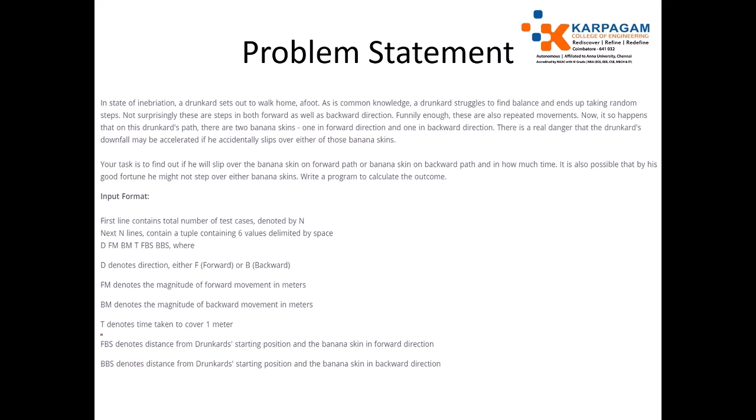T denotes the time to cover 1 meter. FBS denotes the distance from the drunkard's starting position to the banana skin in the forward direction, and BBS denotes the distance from the drunkard's starting position to the banana skin in the backward direction.